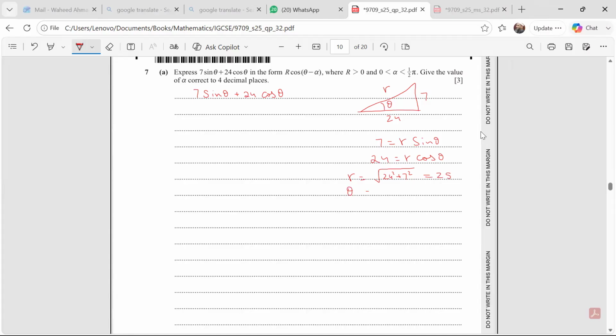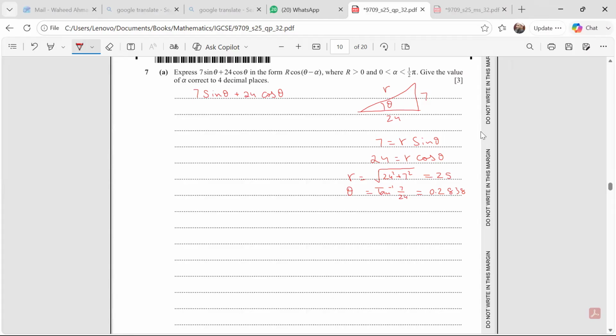Similarly, theta is tangent inverse of 7 over 24, and if I calculate this quantity in radians, it comes out to be 0.2838.